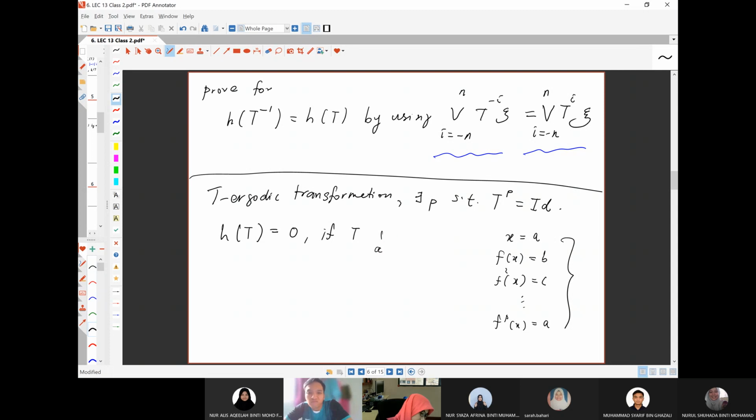Identity means you start from any number and come back to its original point. So if T is periodic, your entropy will be 0. So an ergodic transformation is actually a periodic transformation.